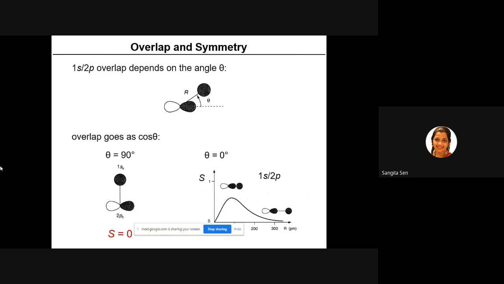I just want to say one thing: think of the orbital combinations as interference of waves. An in-phase combination of waves results in an enhancement of the wave amplitude. That is the bonding orbital. When the orbitals combine in phase, they give you bonding.